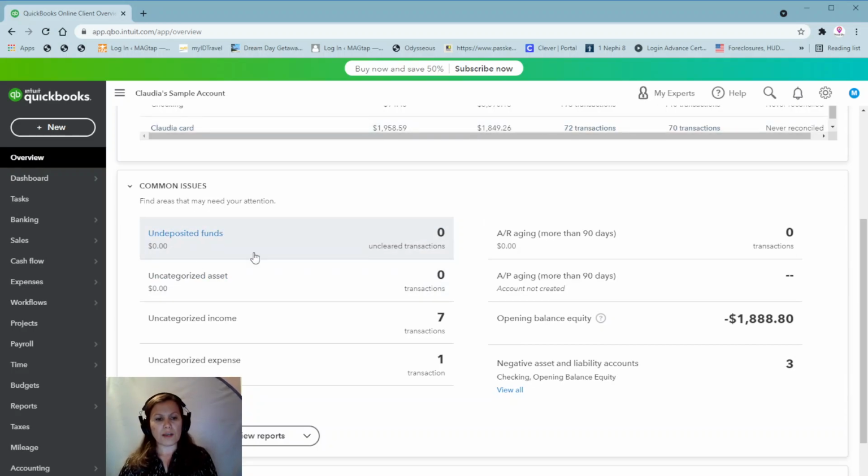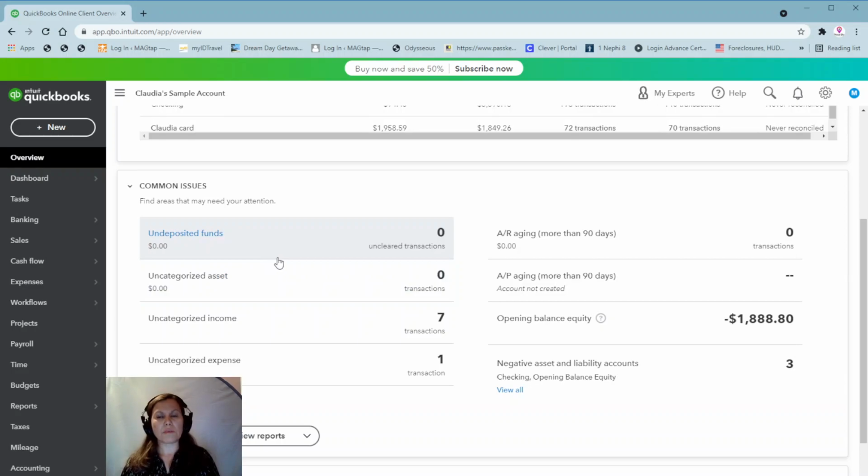So that's why you find undeposited funds. And by the way, I have several videos on the subject, and you can go back and watch them if you have any questions.